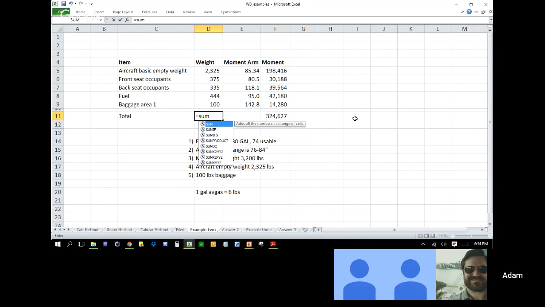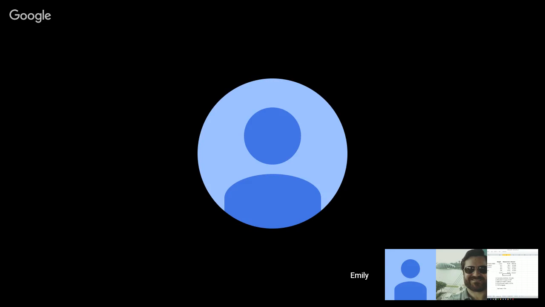Oh, okay. So sum of your weights, right? You want to get your total force. And then to find my moment arm, I'm just going to divide my total moments by my total force. So what can you tell me about this loading scenario? It's outside of the allowable limits.